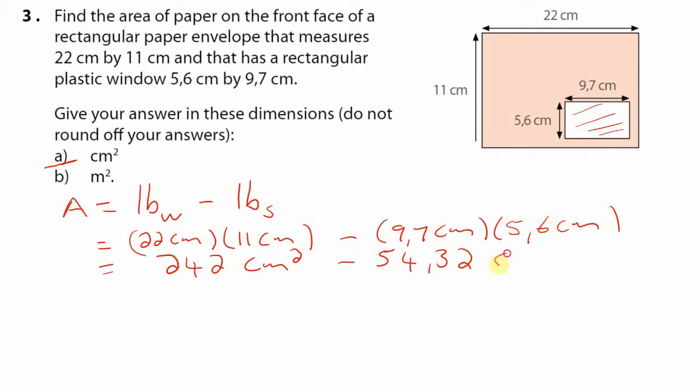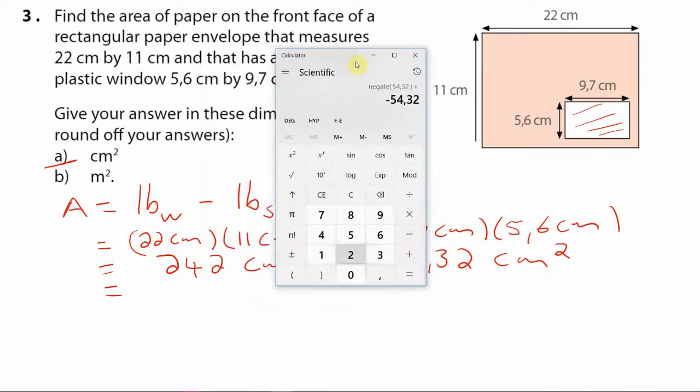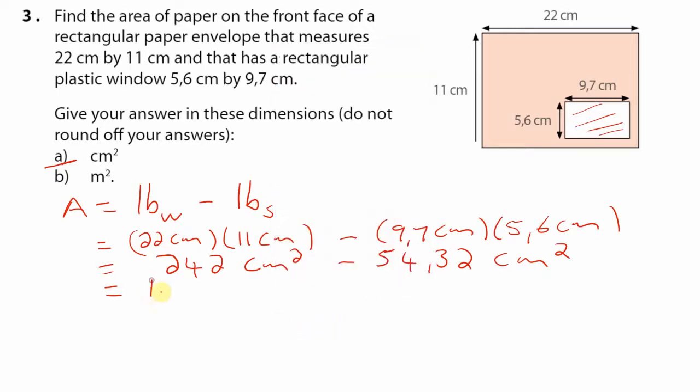Centimeter times centimeter is centimeter squared. So we can now subtract the 54,32 from 242 and we obtain 187,68 centimeters squared.